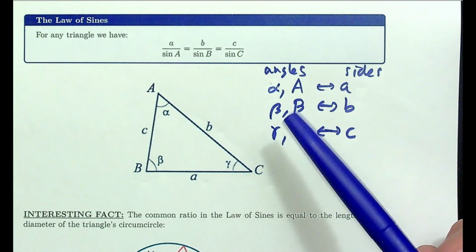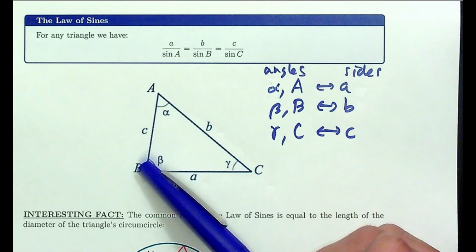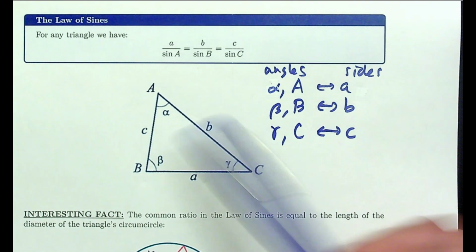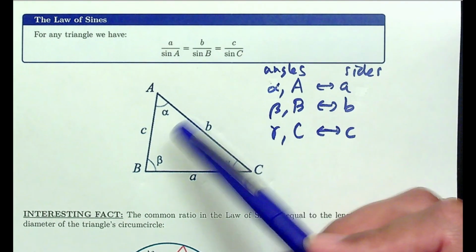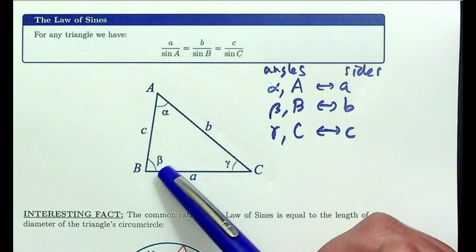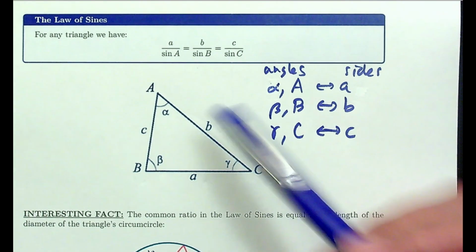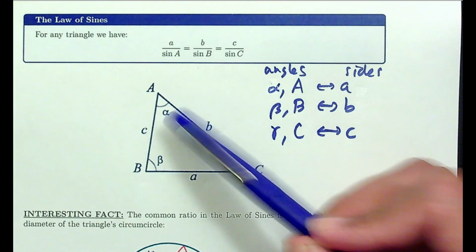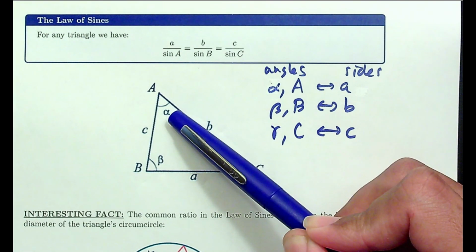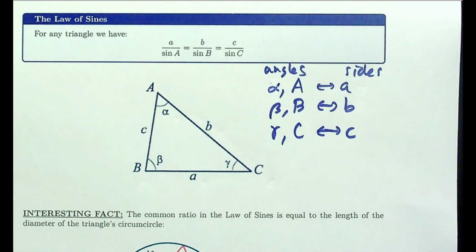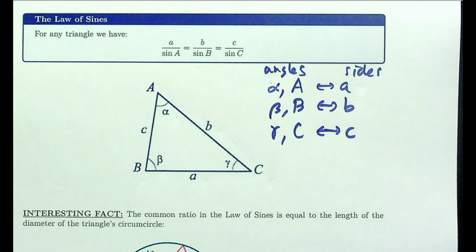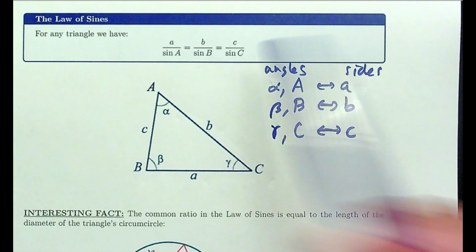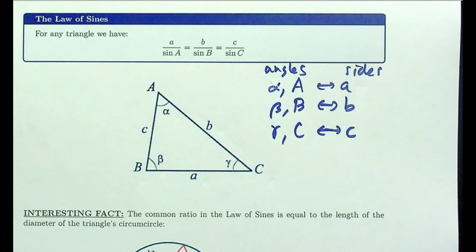So if you take any pair of a side and the sine of its opposite angle, C divided by the sine of capital C or gamma is the same as B divided by sine of B or sine of beta, and that's the same as A divided by sine of alpha or sine of capital A. So that quotient or proportion is the same for any pair that you take. That's the law of sines. You don't have to memorize this formula, but actually it's very easy to remember if you want to.